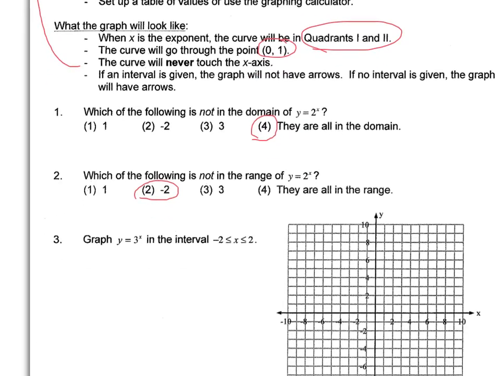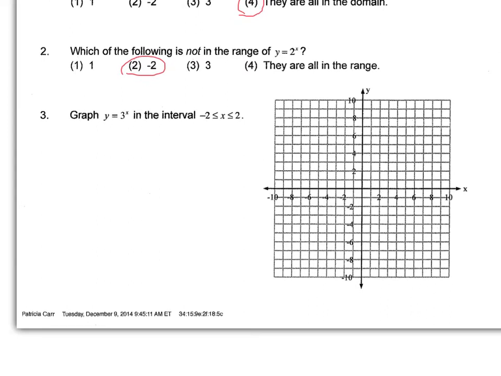Let's go on and take a look at this graph here. They want us to graph an exponential curve. They gave us an interval, which means we're not going to have any arrows. So we're going to put it in the calculator. We're going to go y equals, y1 equals 3 raised to the x, second graph.